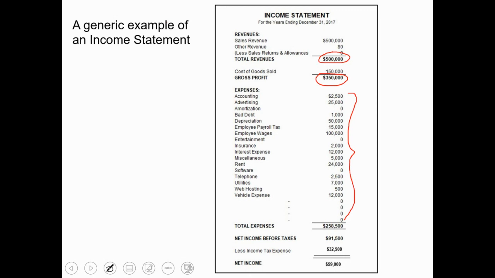So in order to determine the net income before taxes, we're going to take our gross profit up here, also known as gross income, of $350,000, and we're going to subtract the overhead. So that'll be minus $258,500. And then we have a net income before taxes of $91,500.